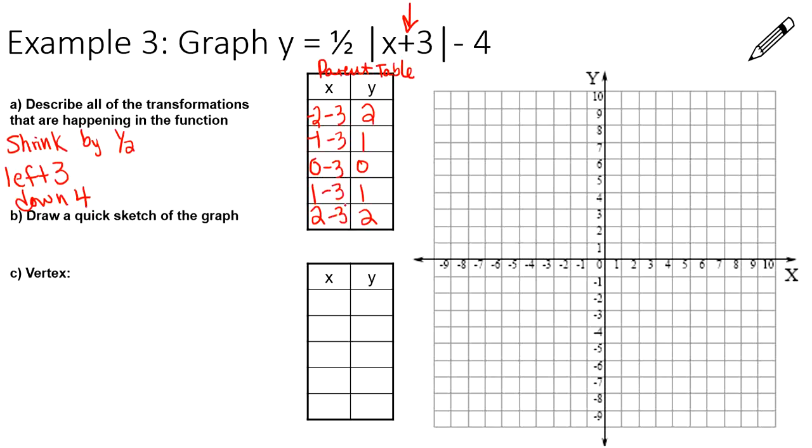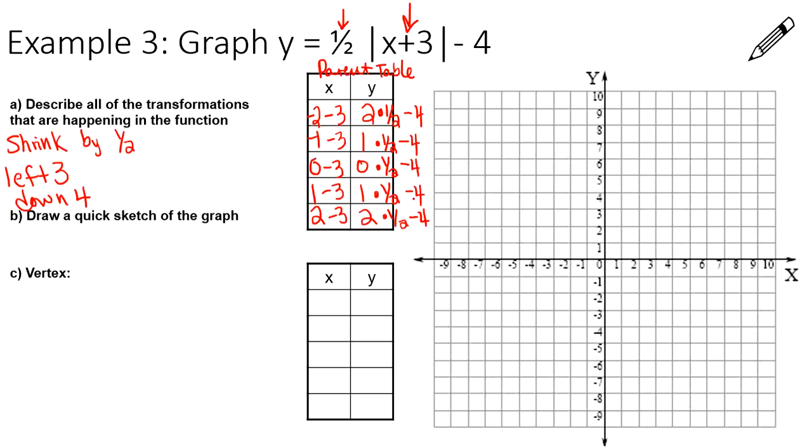And then what we're going to do to the y's, we're going to multiply by 1/2. We always multiply before we add or subtract. That's PEMDAS. And then we're subtracting 4.